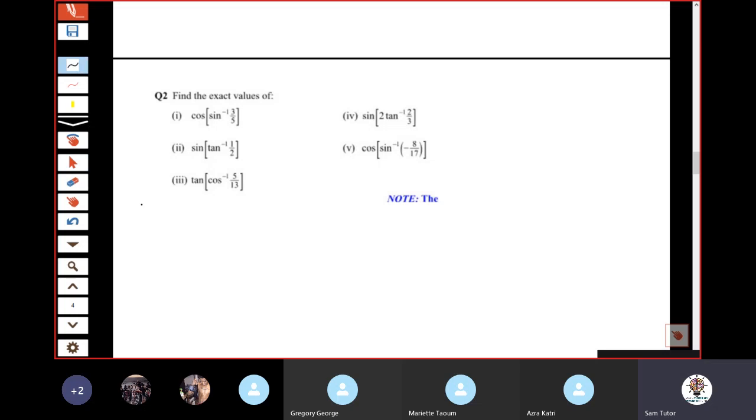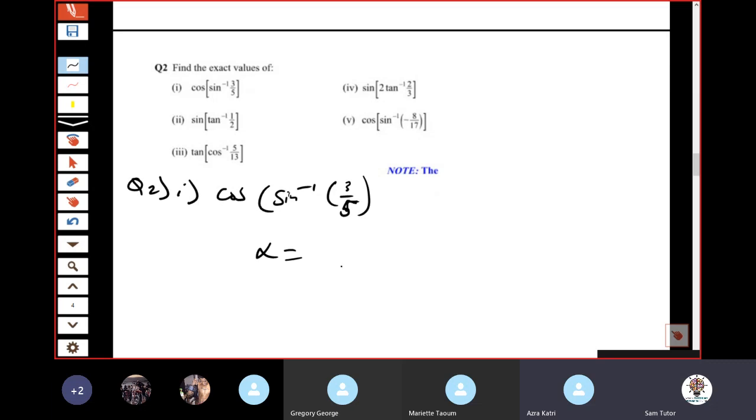Azra, you ready? Question 2. Cos inverse sine 3/5. Okay, go again. So what does alpha equal? The inside. Sine inverse 3/5. Then you sine both sides, so that becomes sine alpha, which equals 3/5.